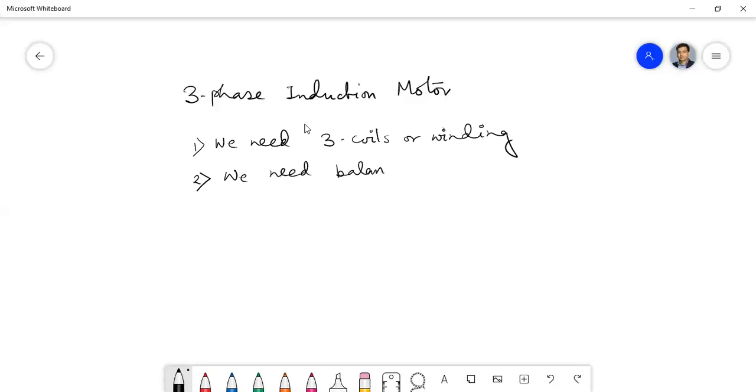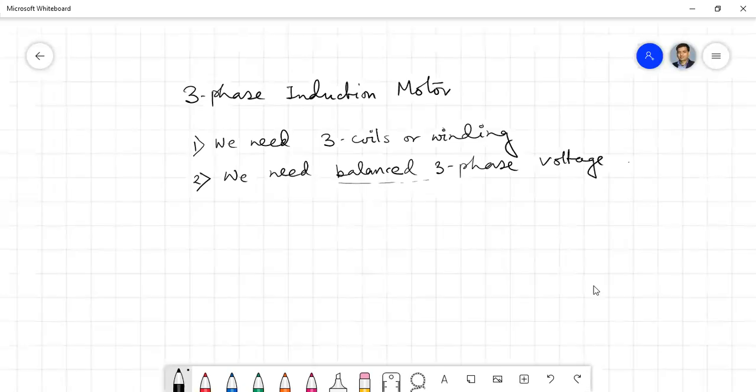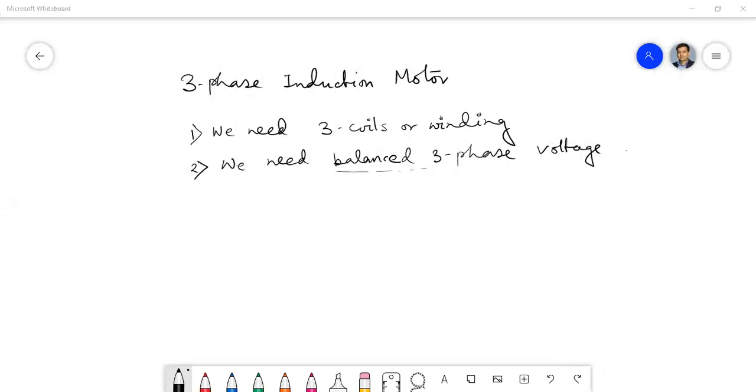So that means we need balanced three-phase voltage. Do you know what you mean by balanced? Do you know the significance of this term? Any idea? Yes, sir. What do you mean by balanced?